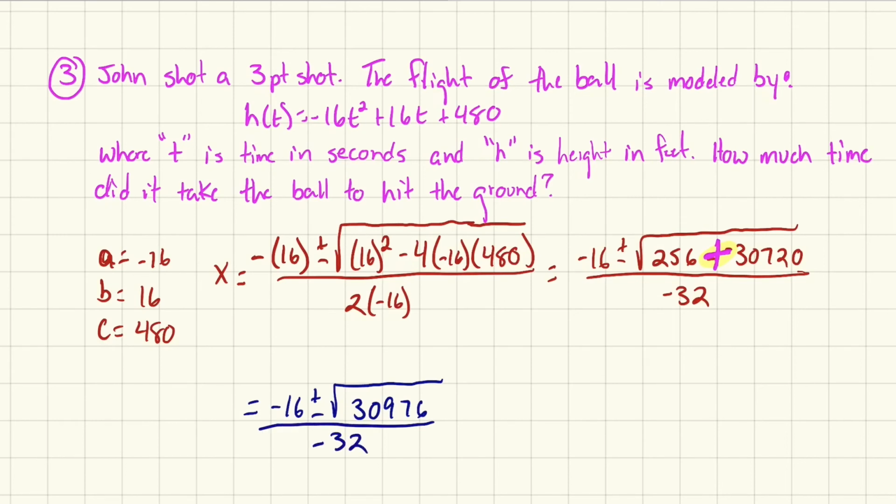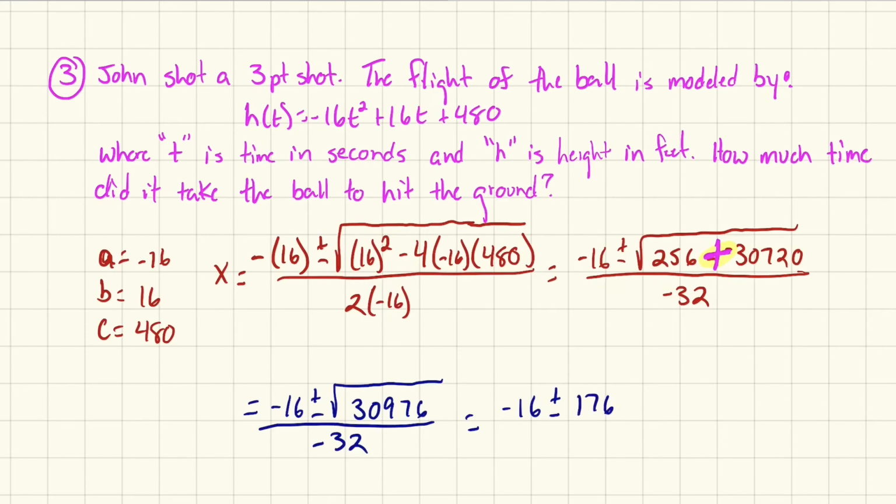Okay, so now all we have to do is rewrite everything, and we're going to try to simplify this radical. What is the square root of 30976? It's okay to use a calculator, obviously. I don't know this just from my head, but the square root of 30976 is 176.